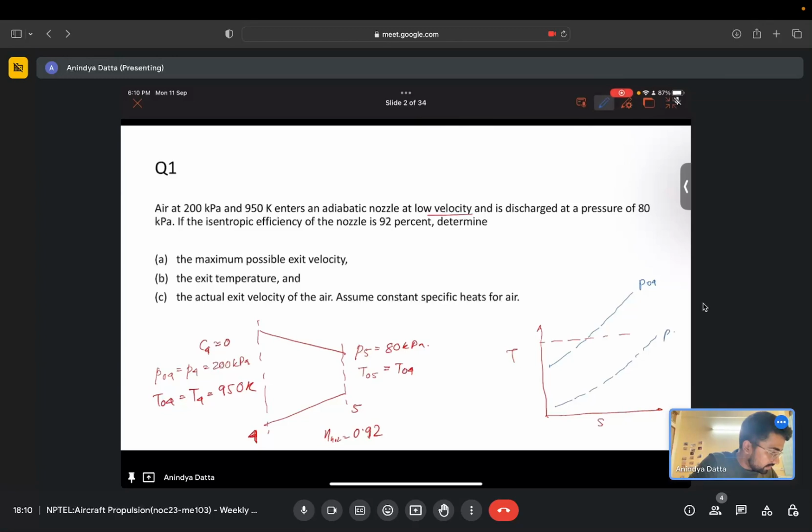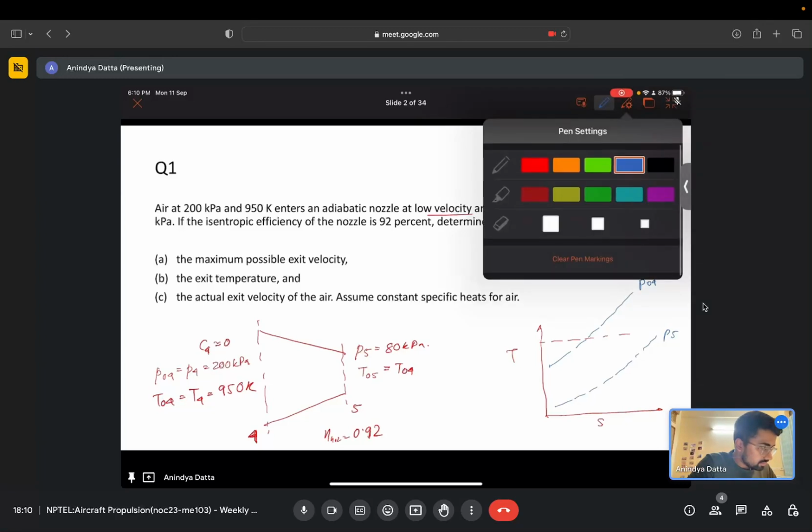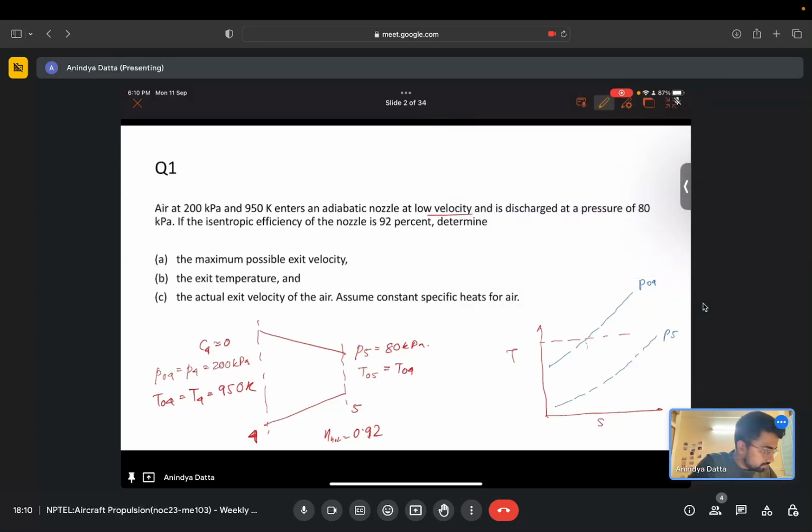This is the 04 state, and this is the state 5s. 5s is the state if we assume that the flow through the nozzle is isentropic, so it will get expanded to this state.